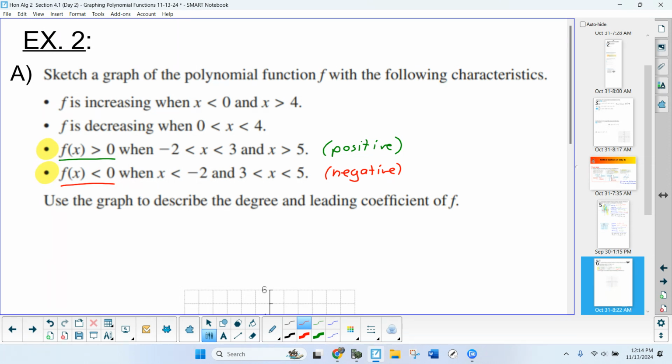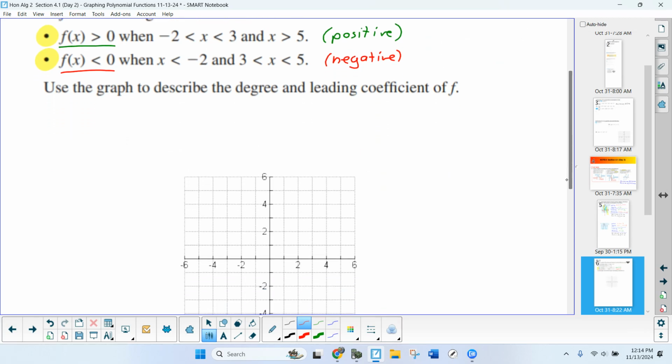Okay, so let's come to our graph and let's say, all right, we know that this function is above the x-axis between -2 and 3. So between -2 and +3, it is above the x-axis. So I take my highlighter and I say, okay, between -2 and +3, I know I have a positive function. I know I'm above the x-axis.